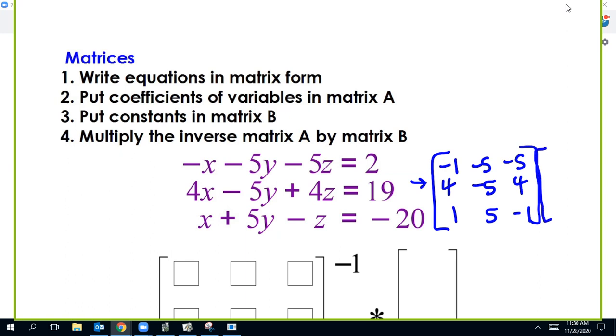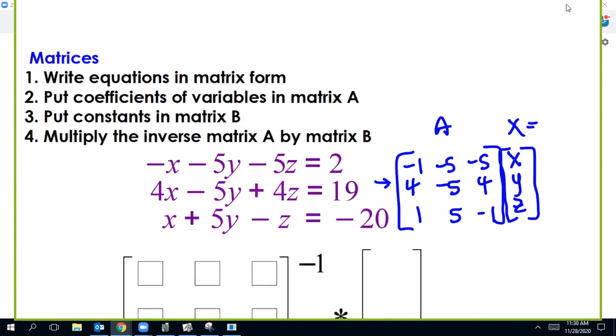And then we can just pull out the variables like that. And so we can say this is A and this is X. And then it equals, remember, a 3 by 3 matrix times a 3 by 1 matrix is another 3 by 1 matrix. We can call it matrix B and say 2, 19, and 20.